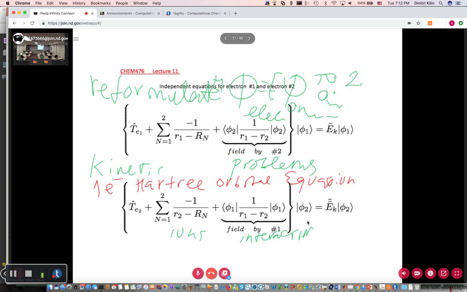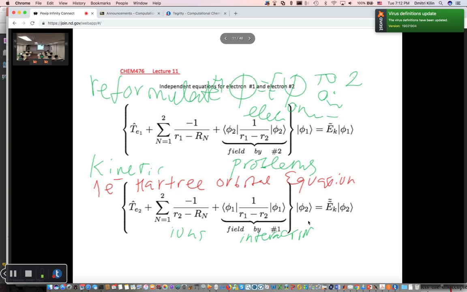And as soon as we solve these two equations and get functions phi 1 and phi 2, we can combine them together according to the procedure of Slater determinant, or as a simplification, even as Hartree product, and generate an approximate multi-electron wave function.